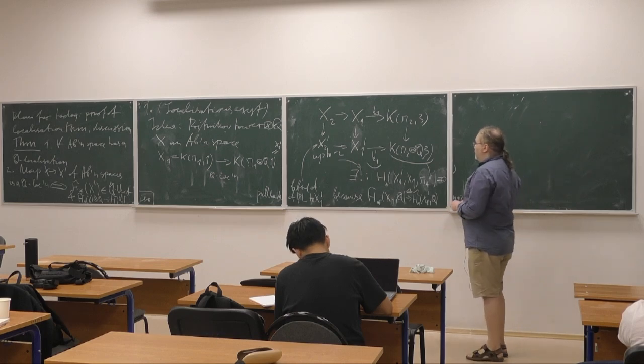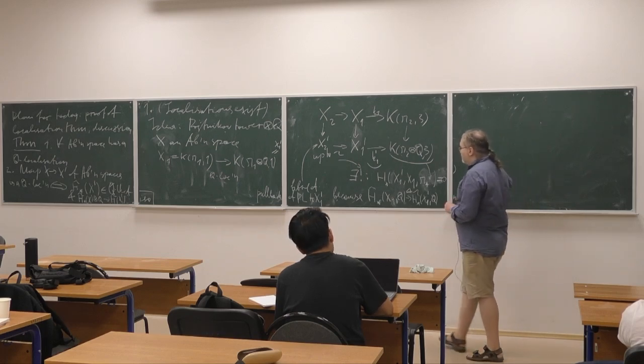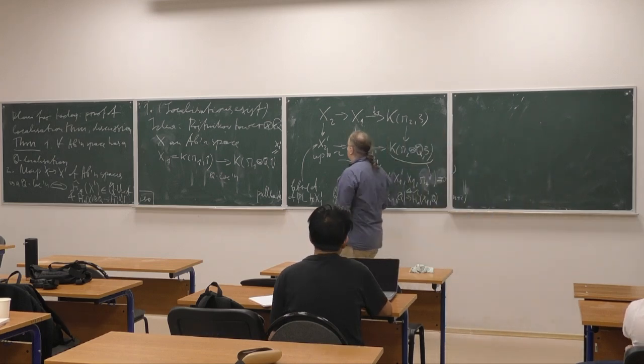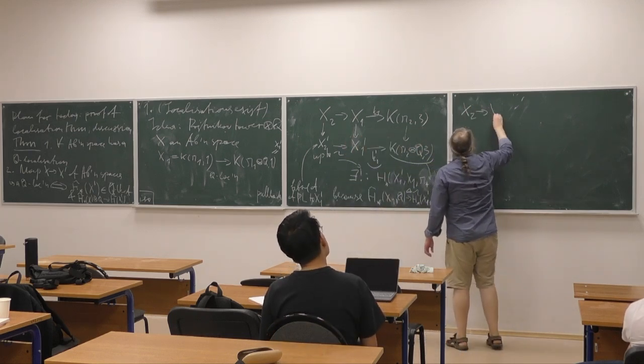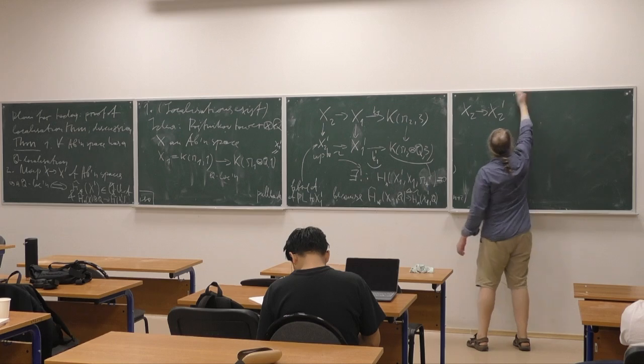Now, the claim is X2 prime is a Q localization.